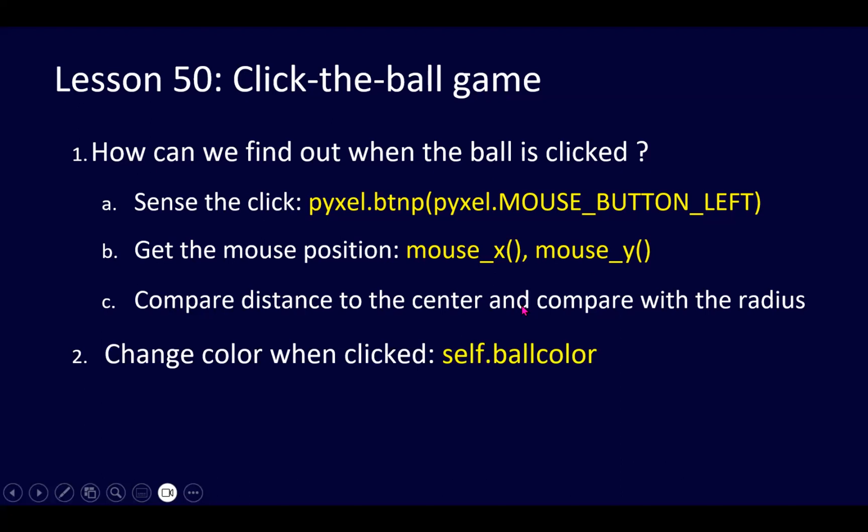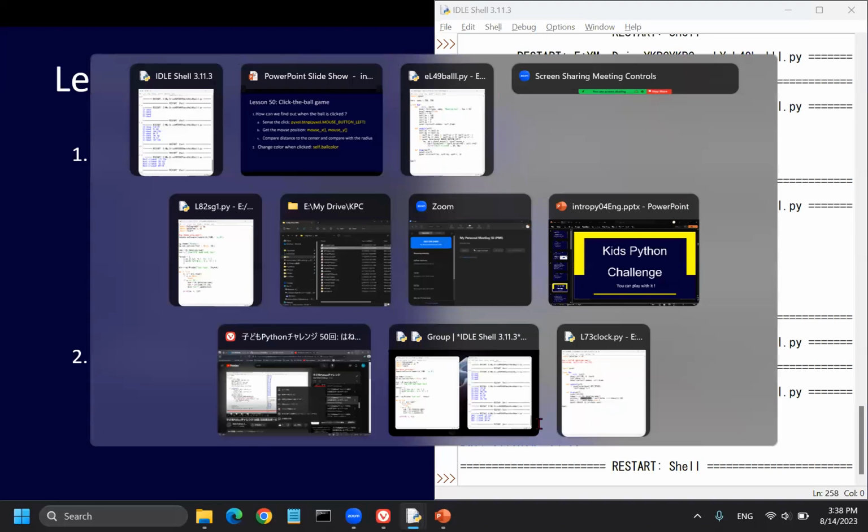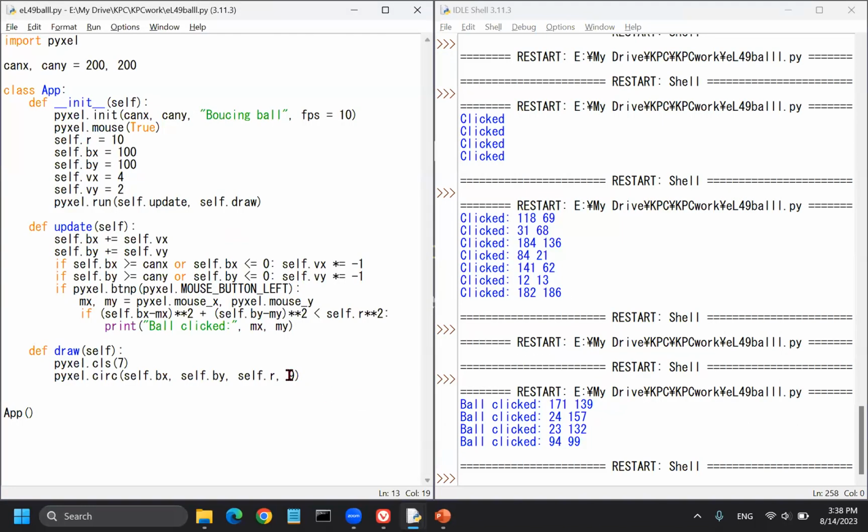So what can we do? Let's change the color when the ball is clicked. Now the ball color is 9 all the time.